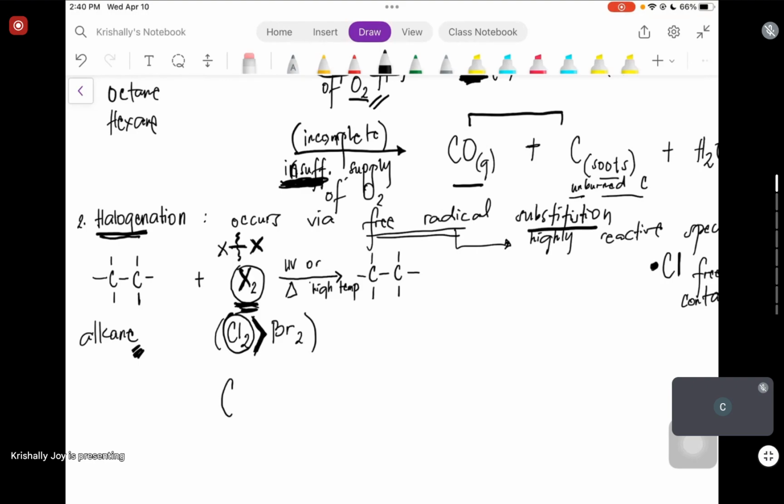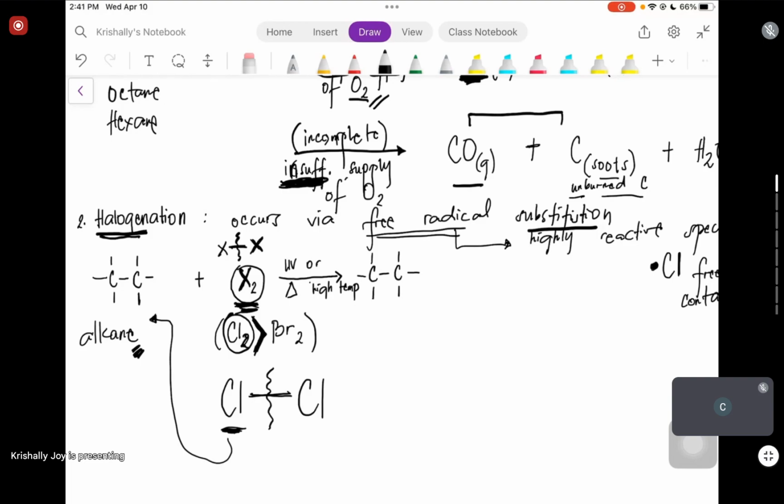For example, this chlorine gas is Cl2. So if you write it, that's how it is represented, the two chlorines. This needs to be broken prior to substituting a halogen to the alkane.